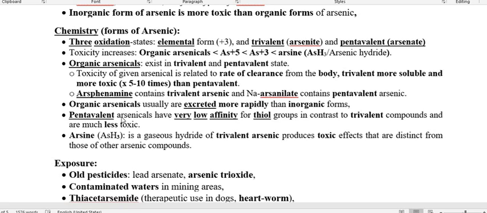Not only that, the absorbability is also there. So pentavalent arsenicals have low capability to bind with the SH group, unlike the trivalent form, and therefore trivalent compounds are more toxic than pentavalent.